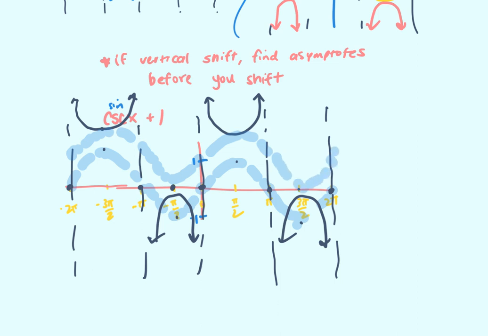And those parabolas would get shifted again after you find your asymptotes. Questions on secant or cosecant?